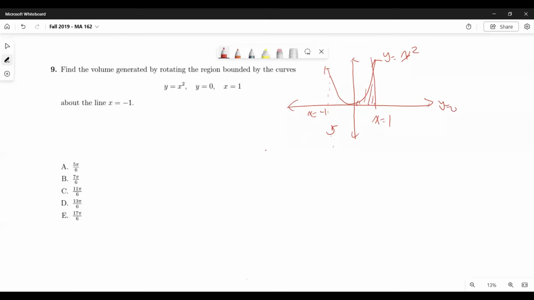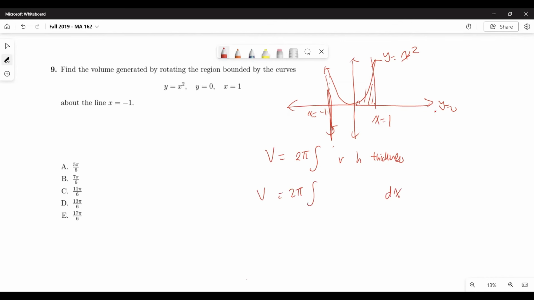So the shell method is volume equals 2 pi integration of radius, height, and thickness. So the shell method is the parallel method. So if you're parallel to the axis, and the axis is at x equals -1, the thickness will be dx.